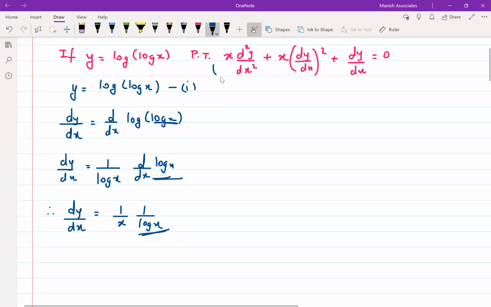Moreover, in the answer, I see x's along with the d2y by dx2. So what I can do at the most, I can shift x here and I get x dy by dx is equal to 1 upon log x. Let me call this as relation 2.